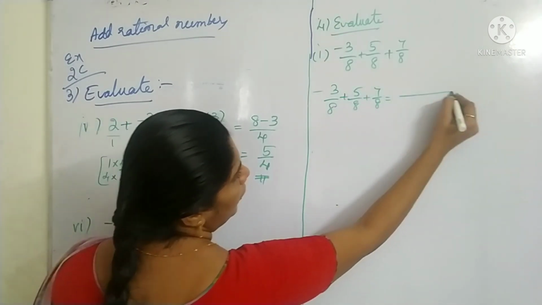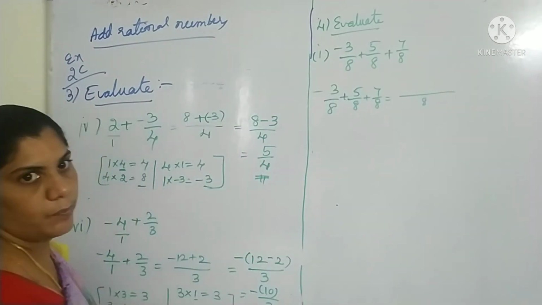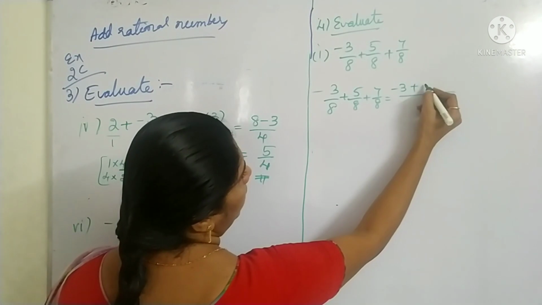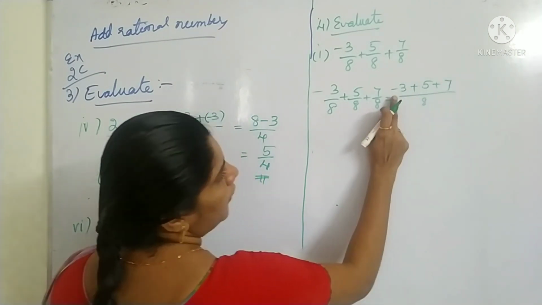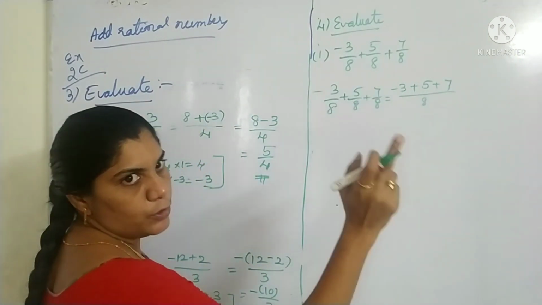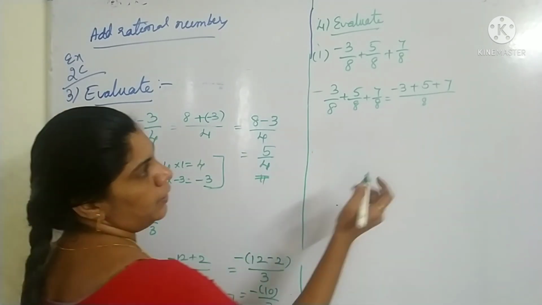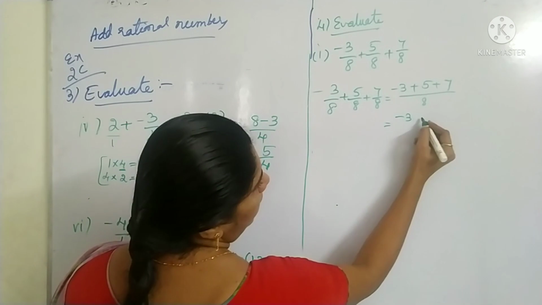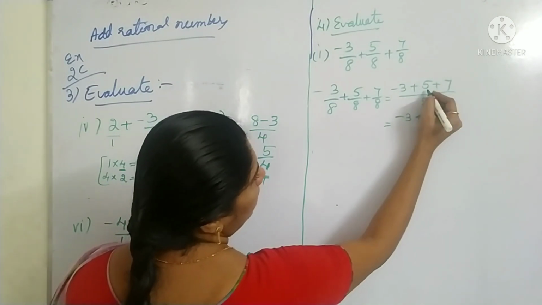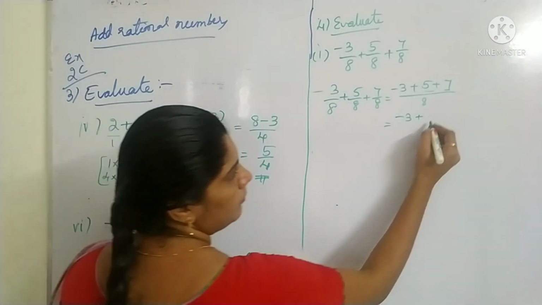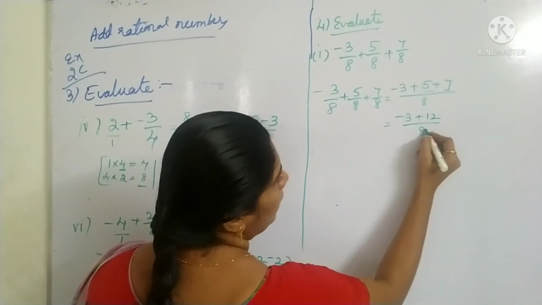Take the denominator as 8 and directly add all the numerators. Don't forget the minus. Wherever you have minus, mention it along with the number. Minus 3. The plus terms first I am adding, 5 and 7, you get 12 by 8.